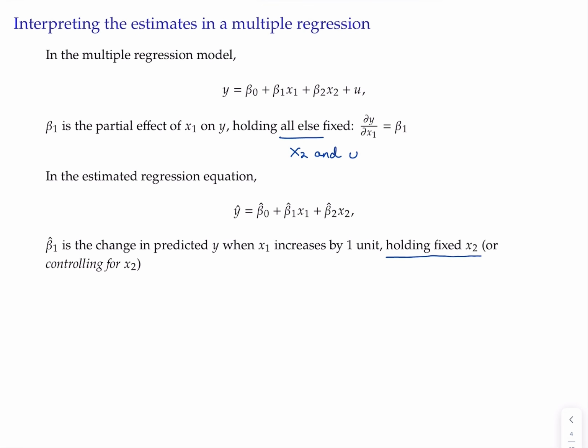So we might say that beta 1 hat, the estimated coefficient on x1, is the change in our predicted y when x1 increases by 1 unit, holding fixed any other explanatory variables that are in the regression. So in this case, just x2. But again, remember, you're not holding fixed the unobservables.